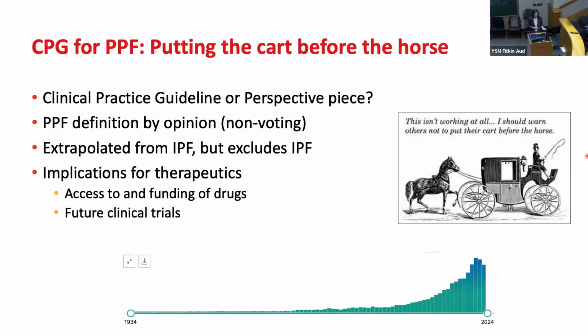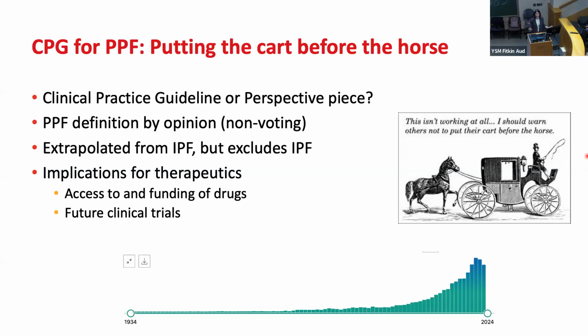My big concern with this is that I think it was not ready for a clinical practice guideline. I think there was insufficient data to define what this was. It's not transparent how this came about with the definition. Every single paper that I have submitted for clinical research since this guideline came out has come back with a major comment about how many patients manifested progressive pulmonary fibrosis.